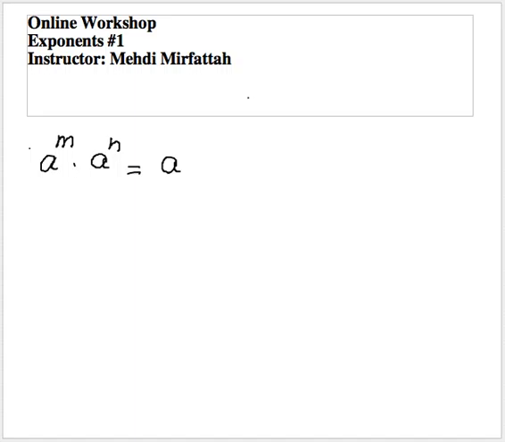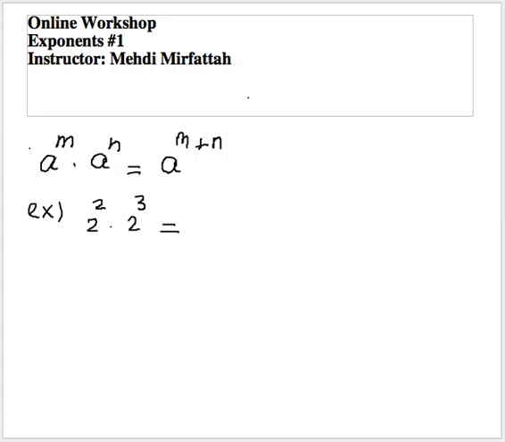Yes, you add the exponents, m plus n. An example for this would be if I have 2 to the power of 2 times 2 to the power of 3.